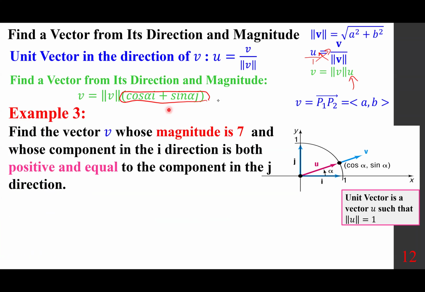Here's a simple example to make some sense out of this. Find the vector v whose magnitude is 7, and whose component in the i direction is both positive and equal to the component in the j direction.